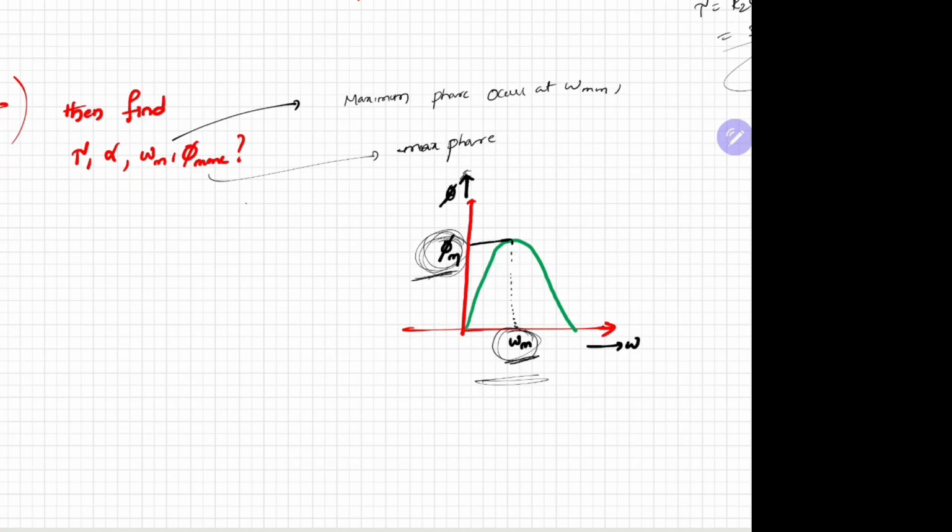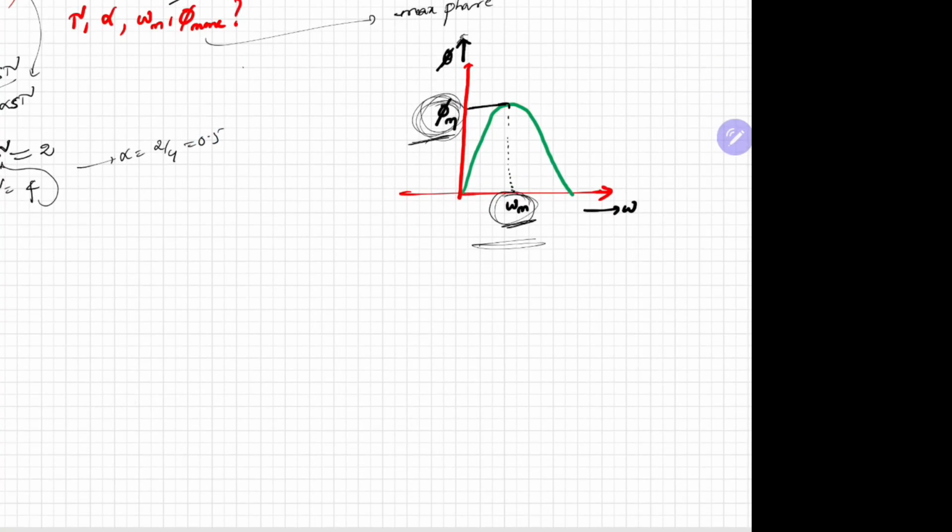Here the transfer function is given. If you compare with the standard transfer function, (1 plus s tau) by (1 plus alpha s tau), right? So if you compare, alpha tau is equal to 2 and tau is equal to 4. Then you can put tau here, then alpha equals 2 by 4, equal to 0.5.